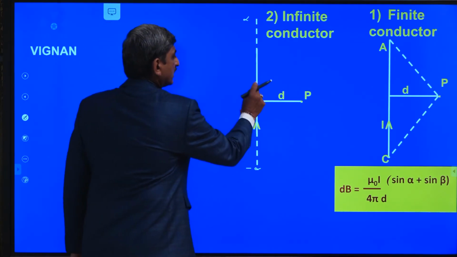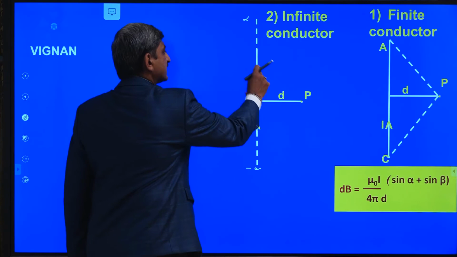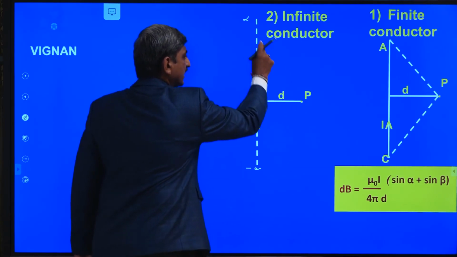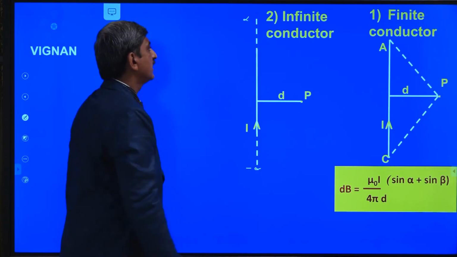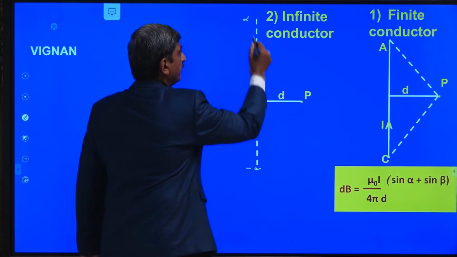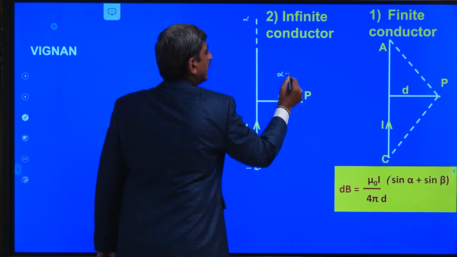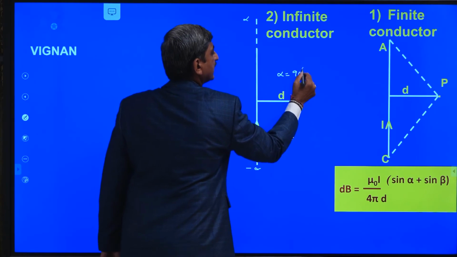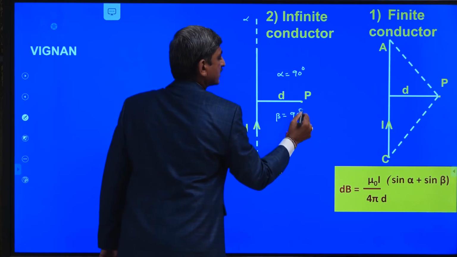See, if the length of the element is less, this angle is also less. As the length of the wire increases, the angle alpha value and the angle beta value also increase. Because this is a wire of infinite length, the angle made by that infinite point at point P is given by alpha equal to 90 degrees and beta also equal to 90 degrees.